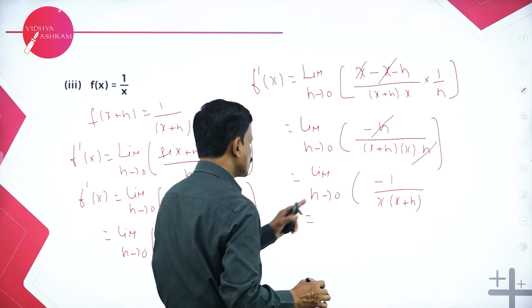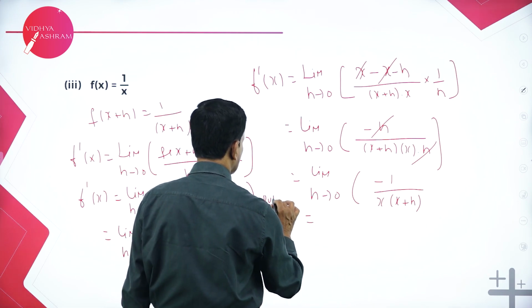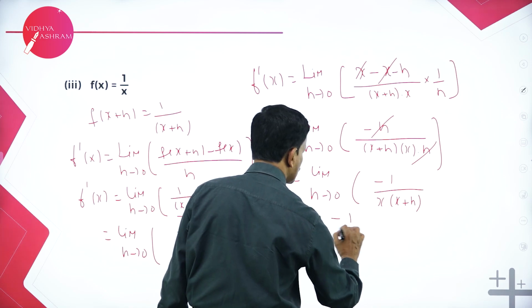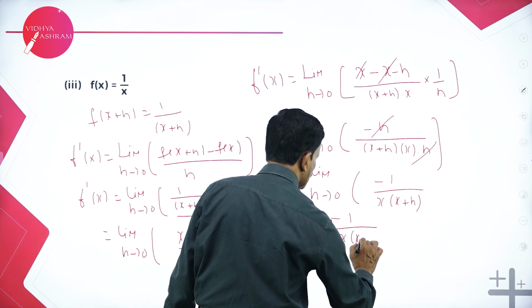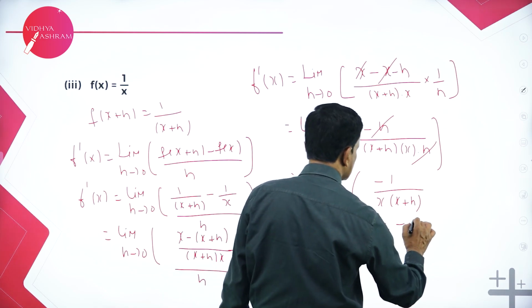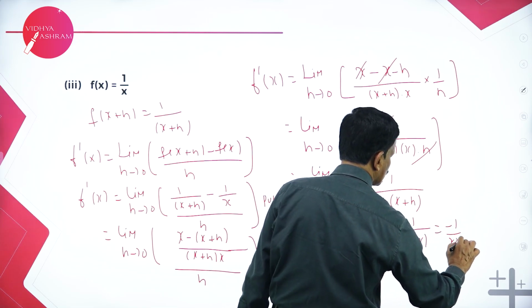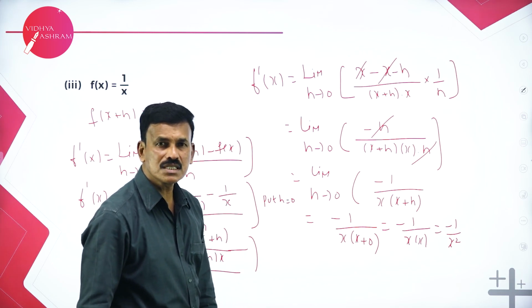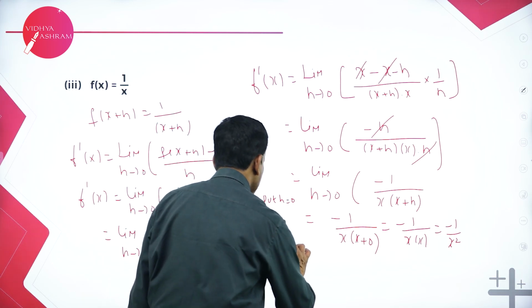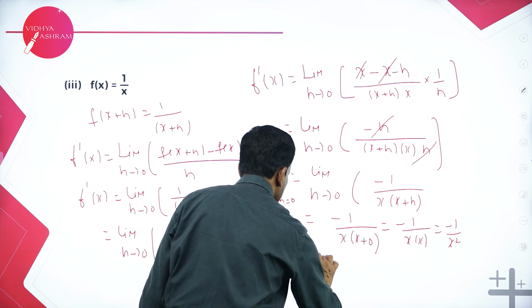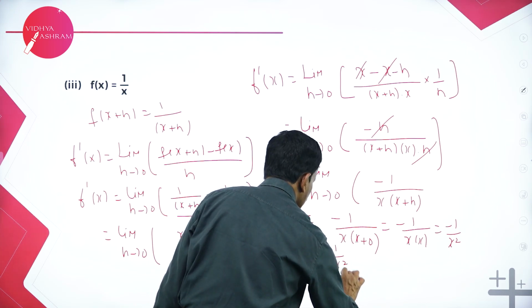So put h is equal to 0. If you put h is equal to 0, apply the limit, minus 1 over x into x plus 0. That is minus 1 over x into x. What is x into x? X square. So derivative of 1 by x is minus 1 by x square. So therefore f dash of x is equal to minus 1 by x square.